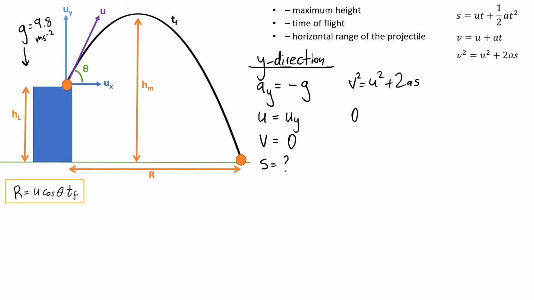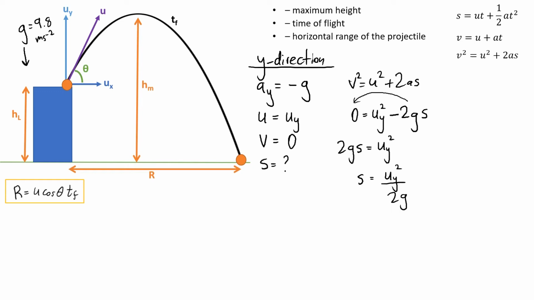So subbing everything in, 0 is equal to uy squared because we're dealing with gravity, it's going to be negative 2gs, right? So rearranging, if we're going to take this guy over to this side, we're going to say 2gs is equal to uy squared. s is equal to uy squared on 2g.